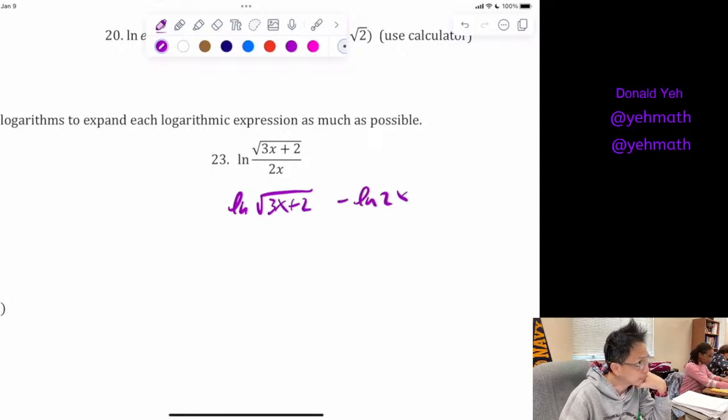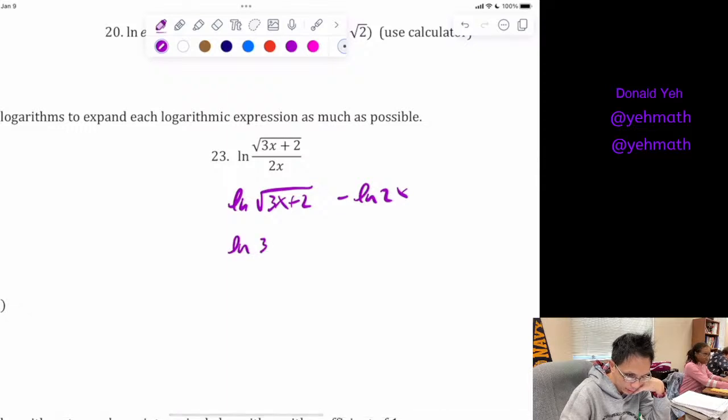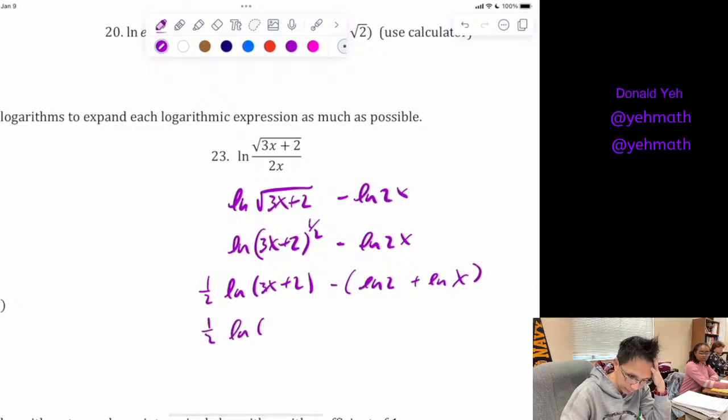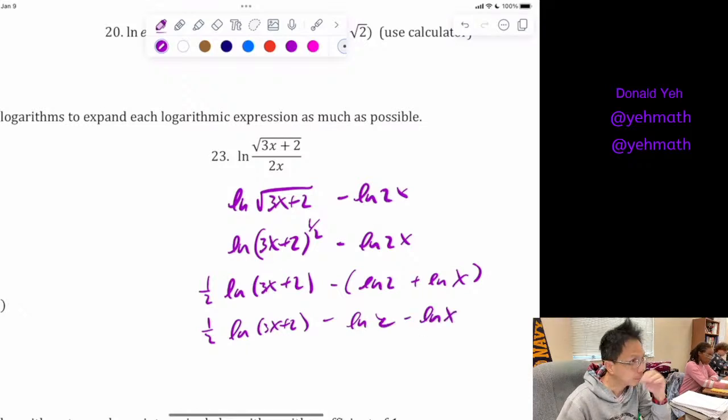Is that okay? And this is the power, and this is in the front. And that's going to be fully expanded.